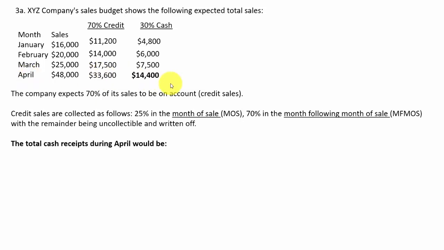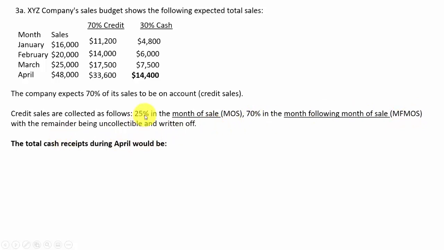Now, credit sales are collected as follows: 25% in the month of sale, that's MOS, 70% in the month following sale, MFMOS, and the remainder are uncollectible.